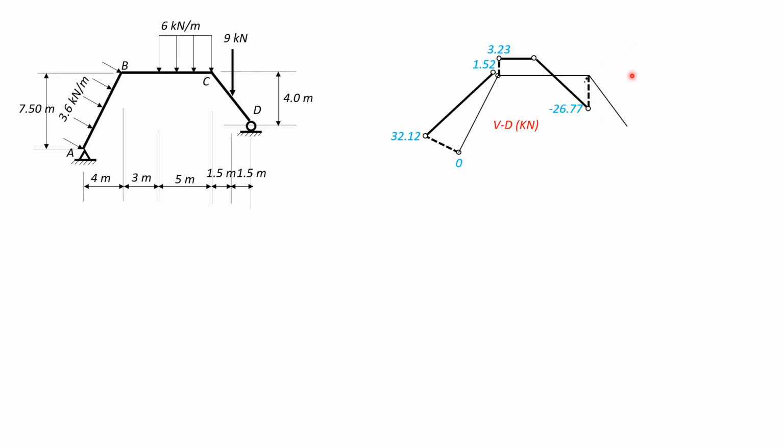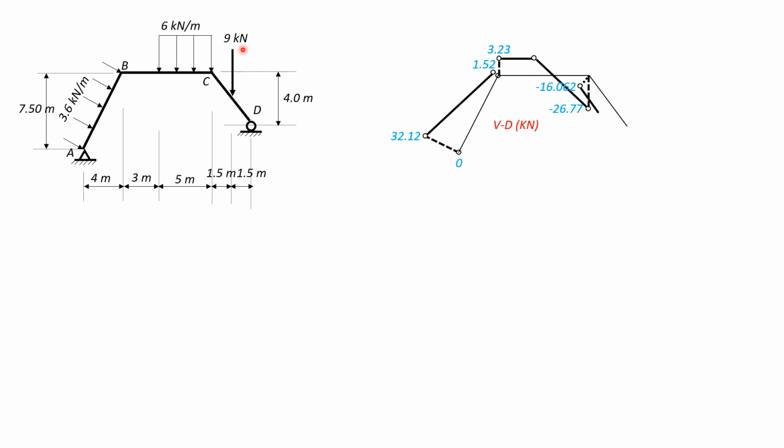And V_C here is negative 16.062. Then there's no load, so it's just constant up to here.